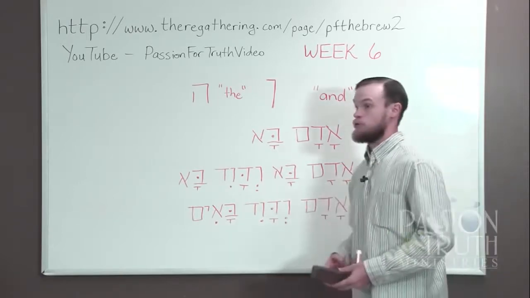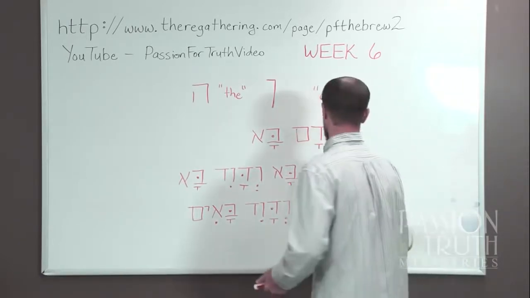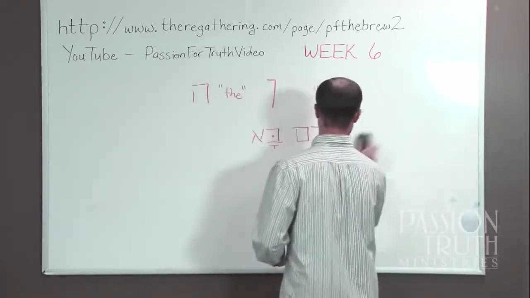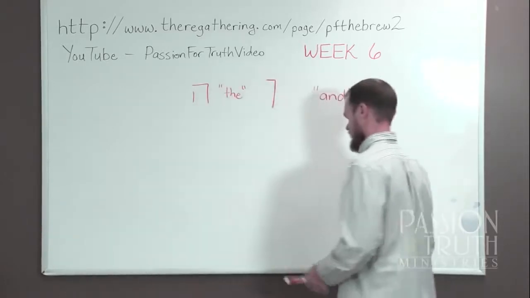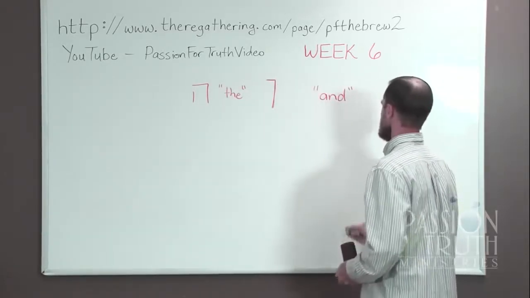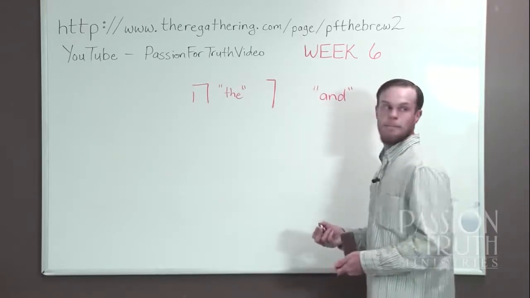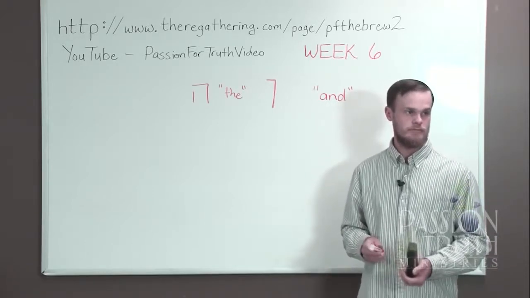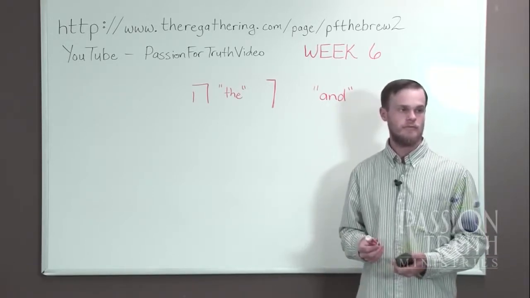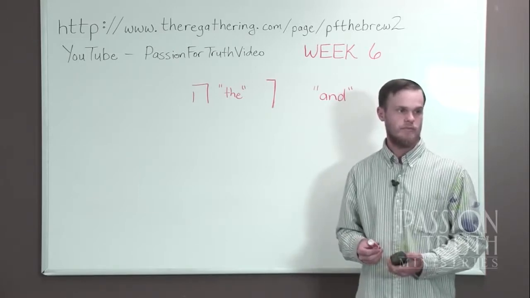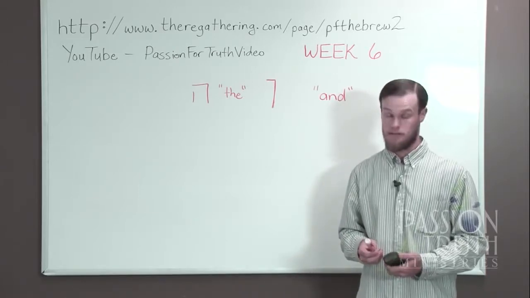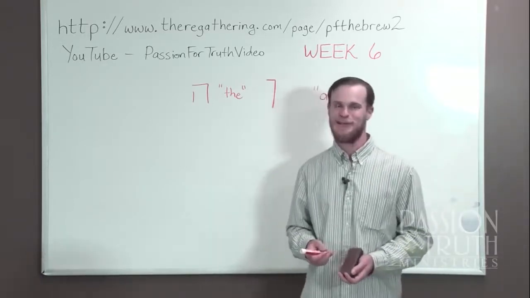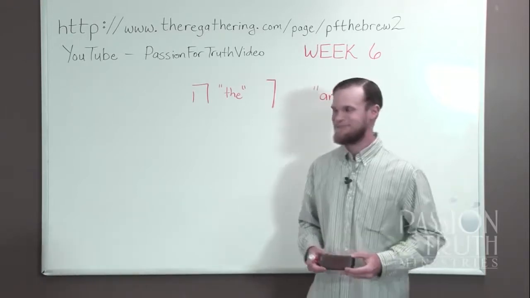And this can also be used to string adjectives together. Question: Adam and David ba'im, when you translate that, it would actually be 'Adam and David are coming'? Yes, that's right. You wouldn't say 'Adam and David is coming', you'd say 'are coming'.